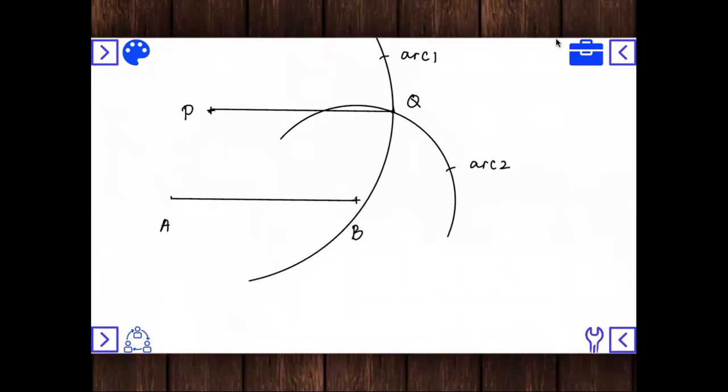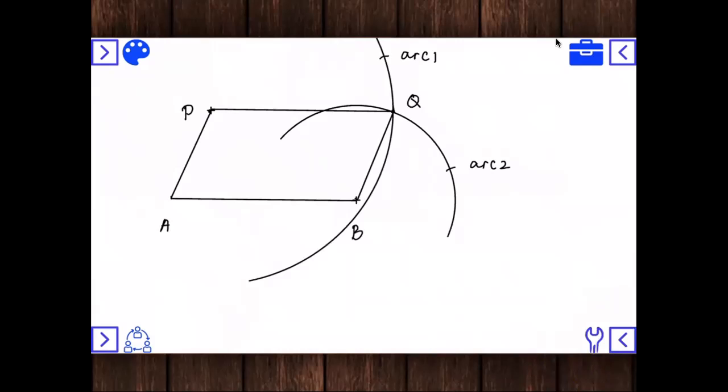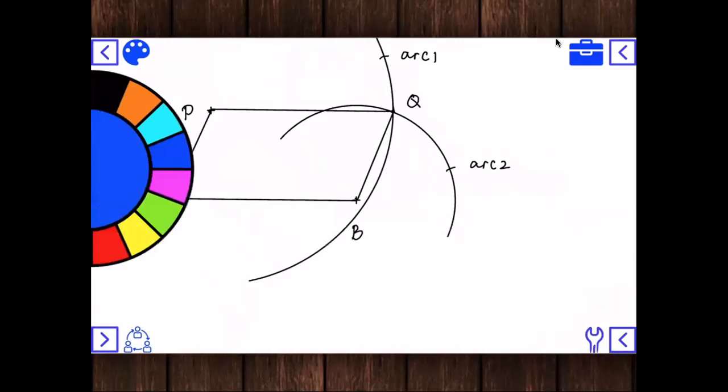How do we prove that? Let's join all the points. When you see the shape, you might have a sense of how we should prove it, right? Because the shape looks so much like a parallelogram, right? But how do we prove it? It's very simple. Okay.